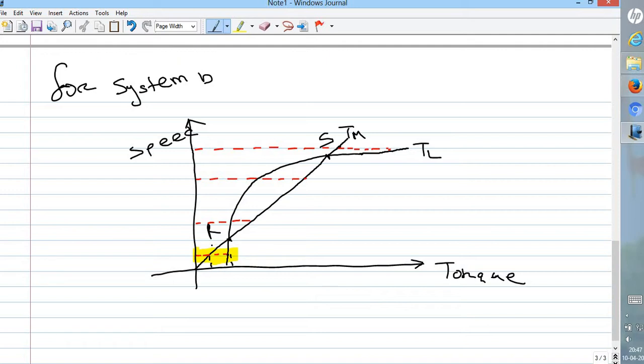So the rotor will decelerate and the speed will come down and the rotor will come to a halt. That means the speed will become 0. For a speed above R, the motor torque is more and the load torque is less. That means the rotor will accelerate and the speed will increase. That implies R can't be a stable point.